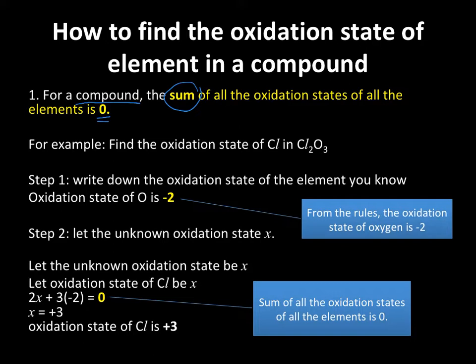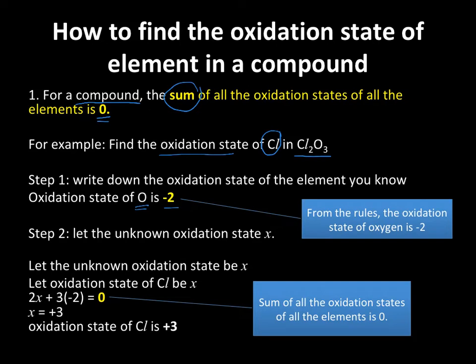If I'm asked to find the oxidation state of chlorine inside Cl2O3, step 1, I write down the oxidation state of whatever element I know of based on the rules. So from the rules, I know that the oxidation state of oxygen is -2.